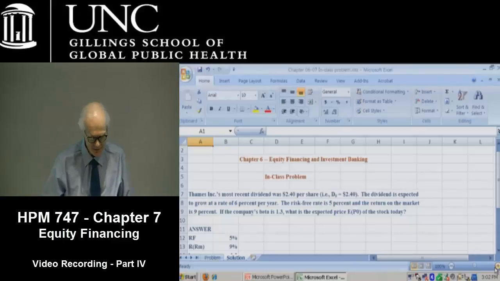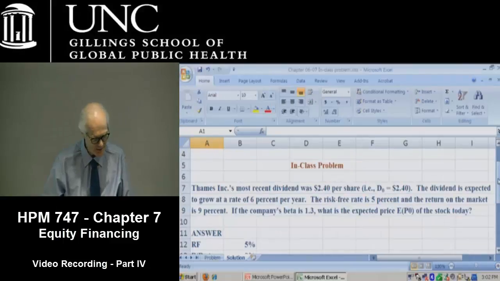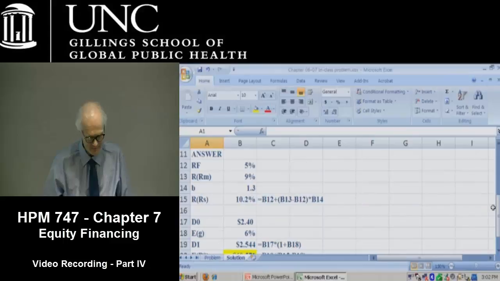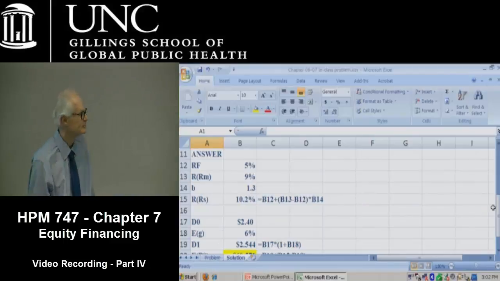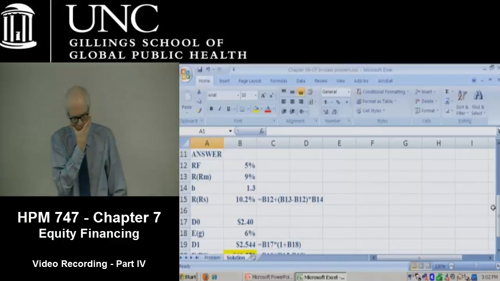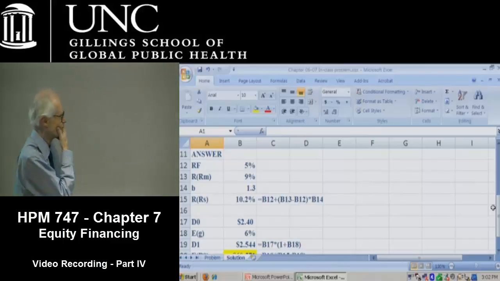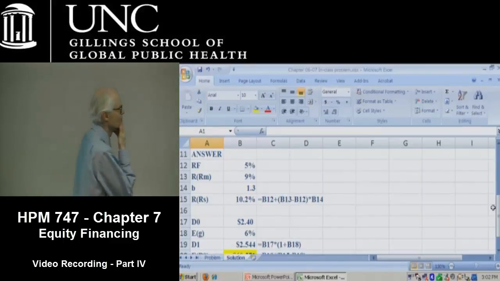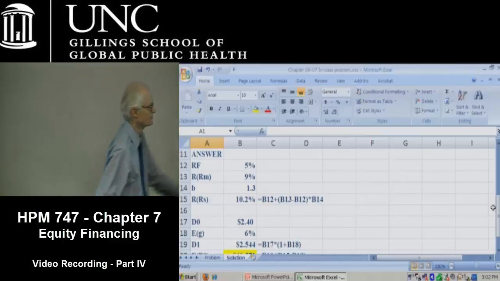I'll put the answer up here and you can narrate, Robbie. So what did you do? I took today's dividend and multiplied it by the growth rate to get the expected dividend 1 year from today.